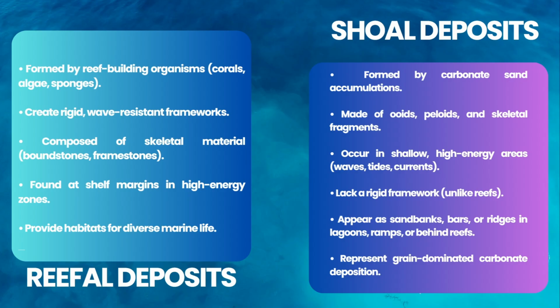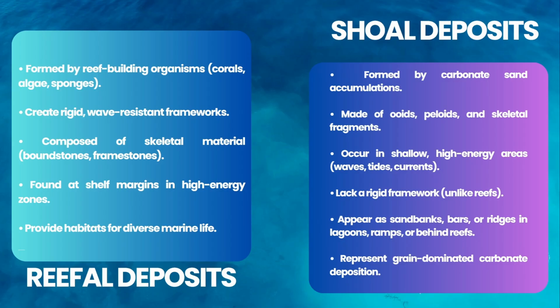In this next slide, we can see reefal deposits and shoal deposits. Reefal and shoal deposits are two important types of carbonate depositional environments, but they differ in how they form and what structures they create.